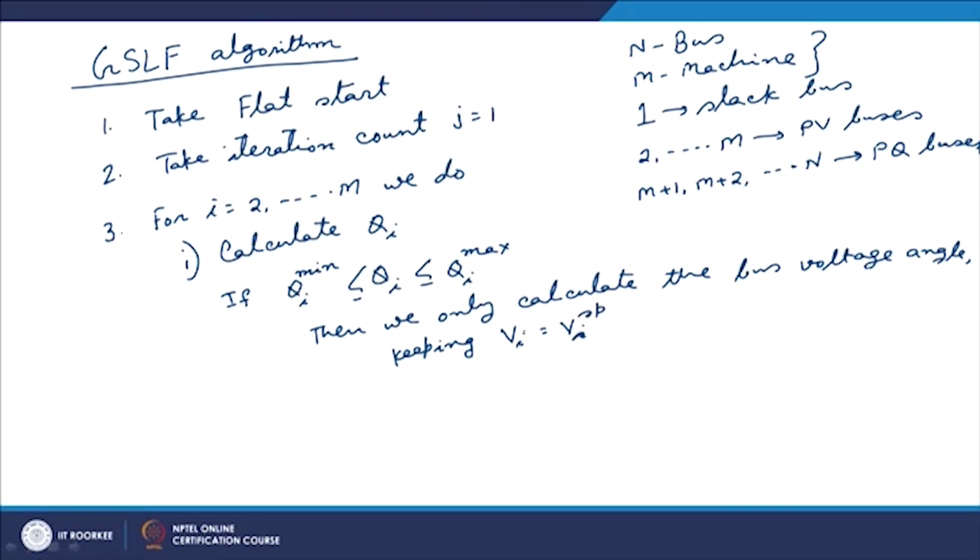Vi stands for the magnitude of the bus voltage i, and Vi specified is the magnitude of the specified bus voltage of bus i, when bus i is a generator bus.